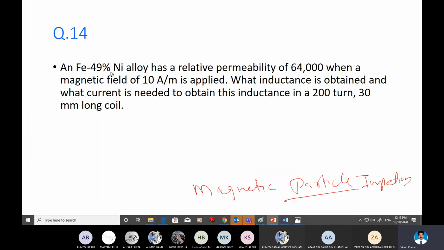Let me write one by one. It's an alloy, relative permeability of 64,000. Relative permeability means you have mu r given as 64,000.